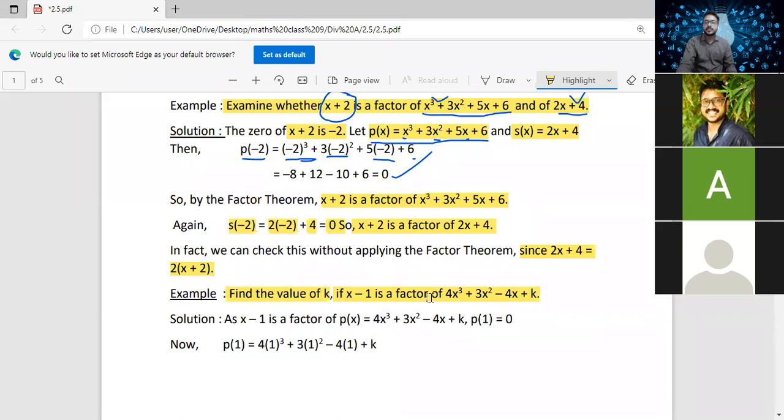Now we want to find the value of k. And what information is given to you? You are given the information that x minus 1 is a factor. So we have to use... Value of k will be minus 3.